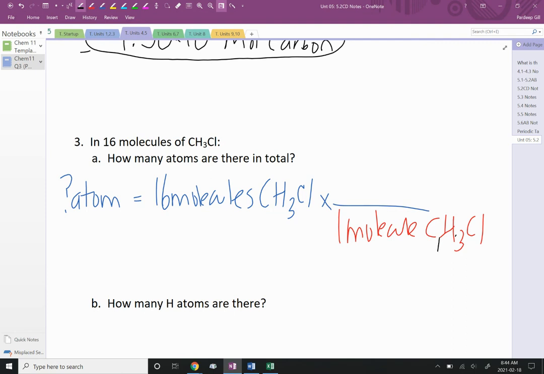So you have 1 carbon, 3 hydrogens, and 1 chlorine. So you have a total of 5 atoms. Okay, so this conversion factor is one that's always going to be different depending on the type of compound you have and how many atoms you have. So you always have to just count up what it's asking for. So when you work through this, you get 80 total atoms.